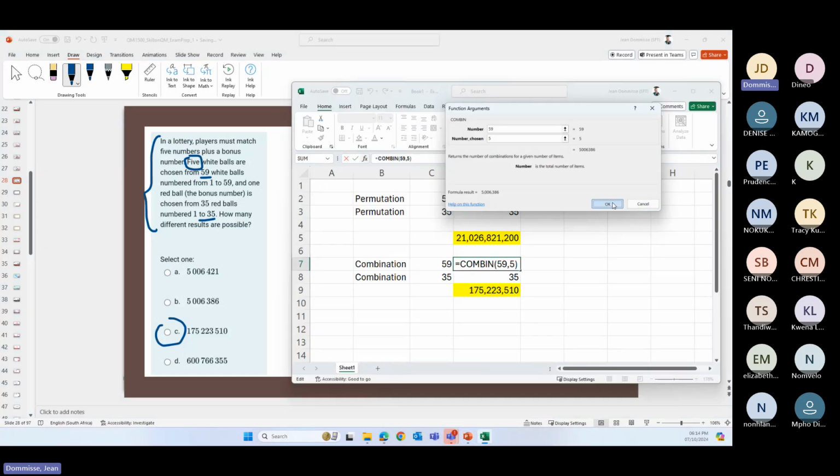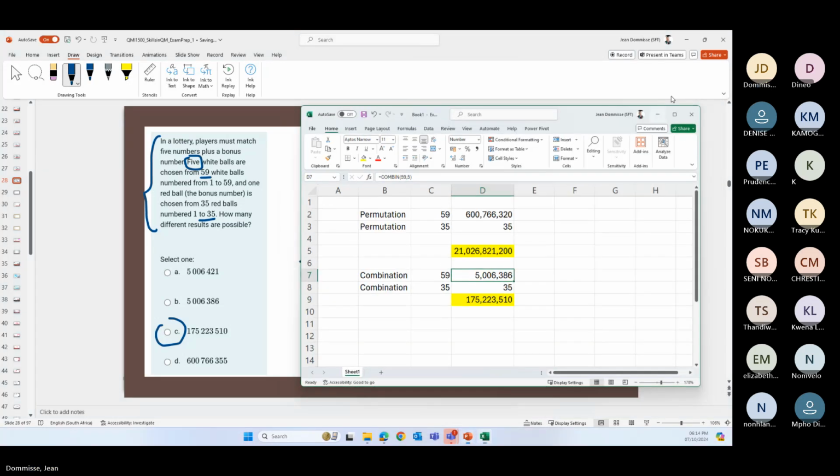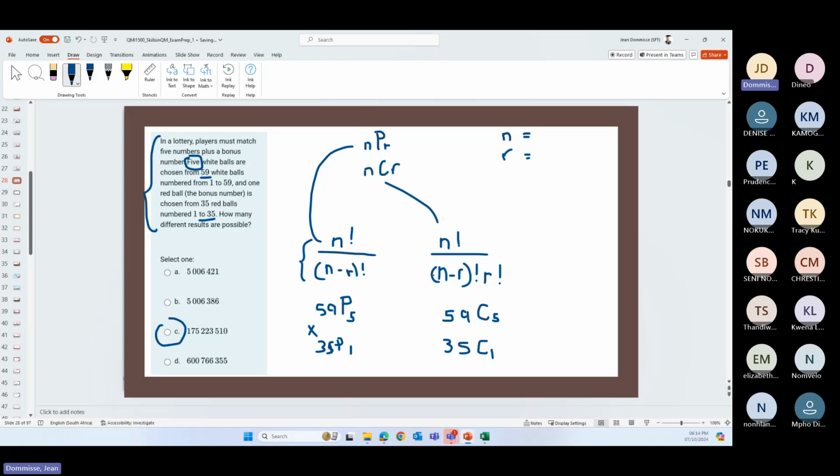So if we used this formula, which is going to be way too much, it would have been 59 factorial divided by 59 minus 5 factorial times 5 factorial. Okay, so that is just too many numbers to add to your calculator.